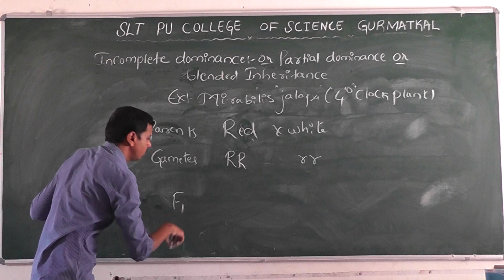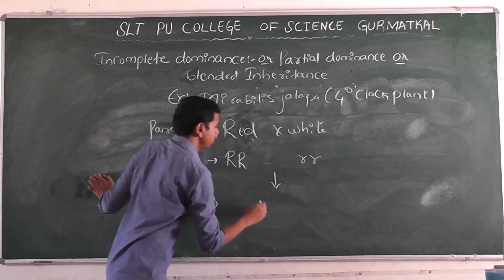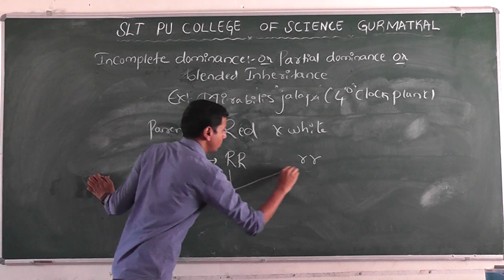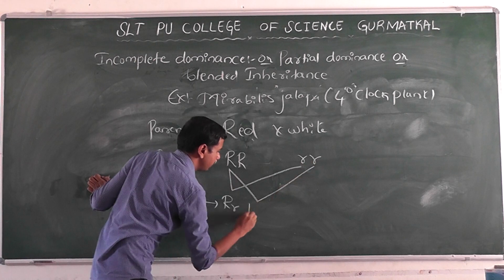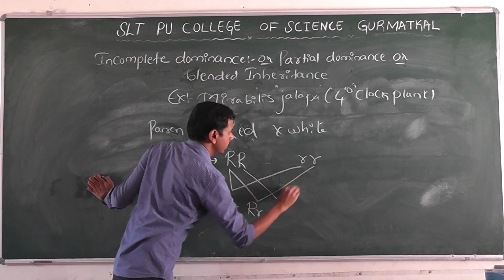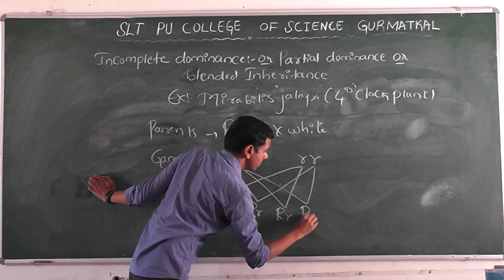In the F1 generation, we just make the cross: capital R small r, capital R small r, capital R small r, and capital R small r.